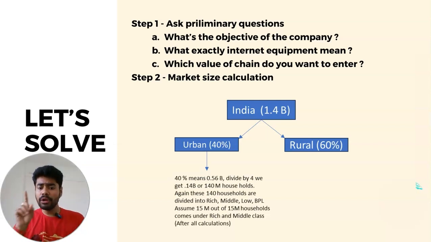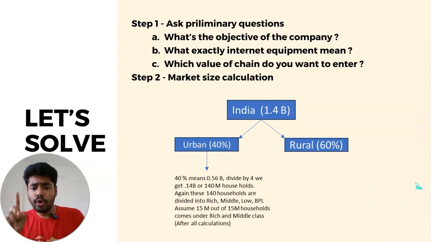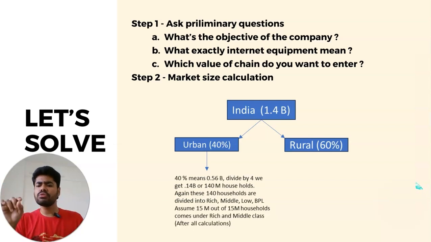Now I am going to divide these 140 million households into segments, which are rich, middle, low, and below poverty line, because not everyone staying in urban areas is going to buy my router, right? Poor people don't prefer buying Wi-Fi, and even not everyone from the middle class will buy my router.